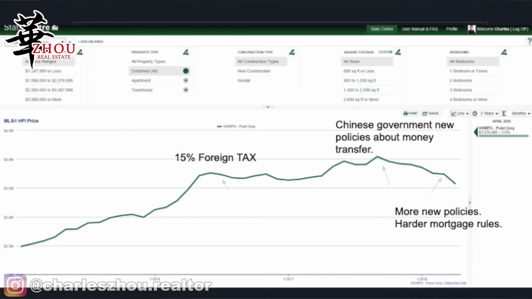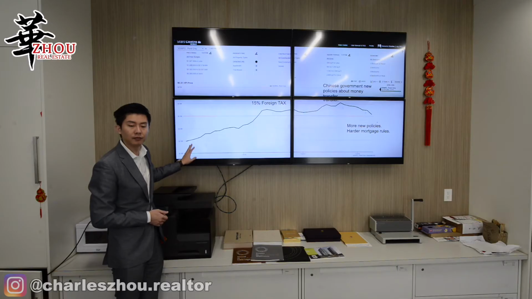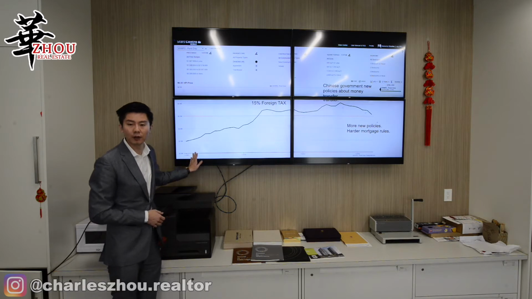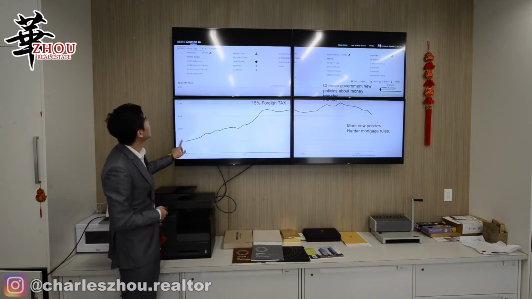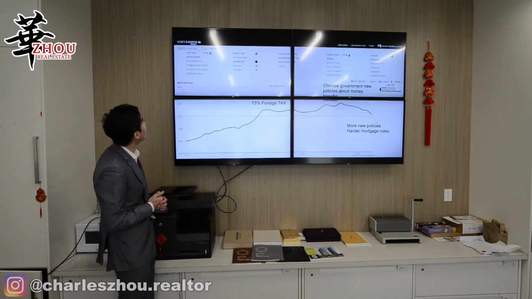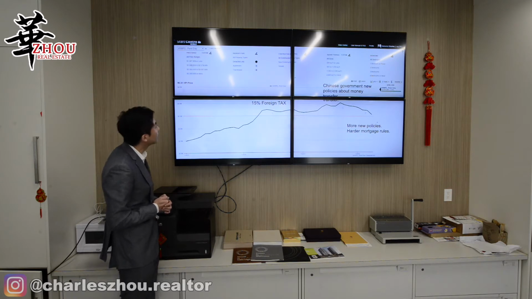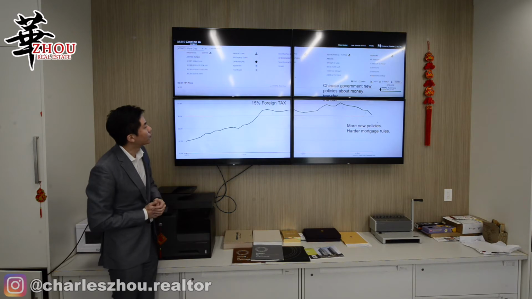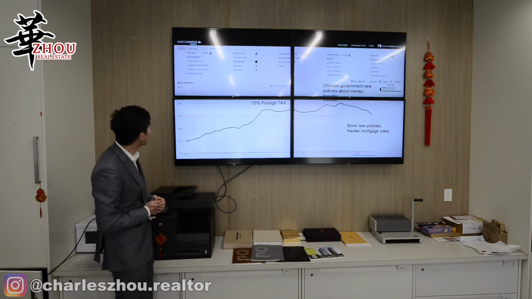So this is the market trend. You can find this from rebgb.ca in the stats. You can get the most updated stats from our websites. This one is the Point Grey area, and this is the average price for Point Grey.